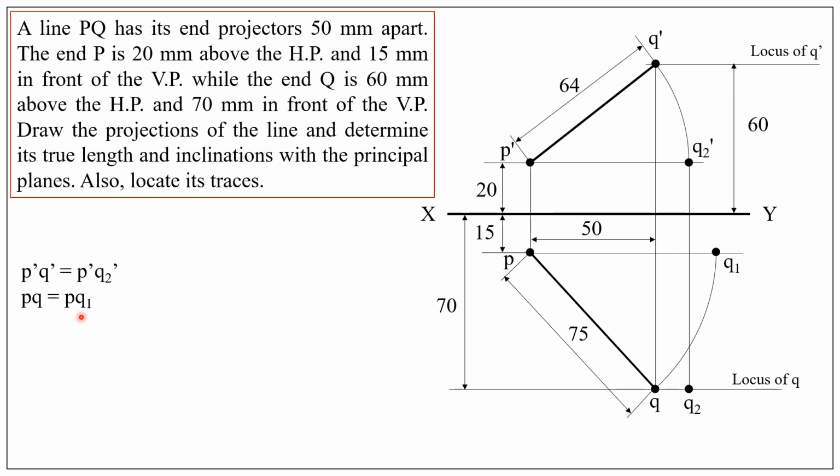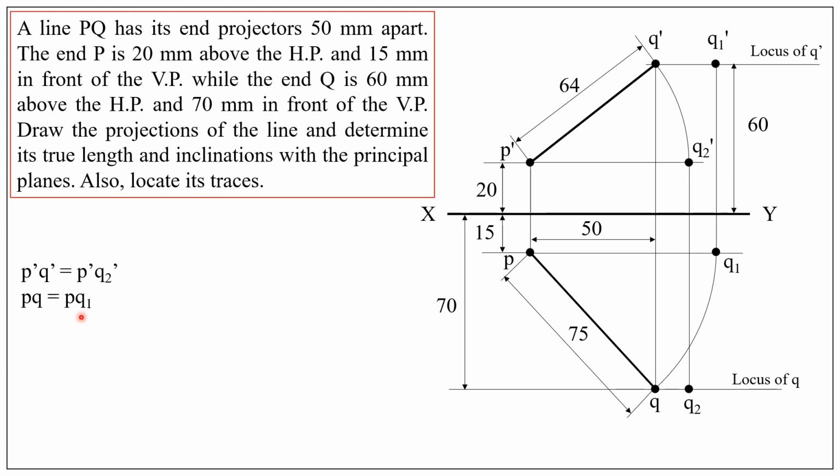So PQ1 is the top view corresponding to a front view drawn assuming the line is parallel to VP. To find the corresponding front view, draw a projector from Q1 and obtain point Q1 dash on the locus of Q dash.